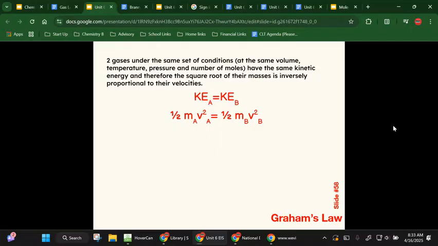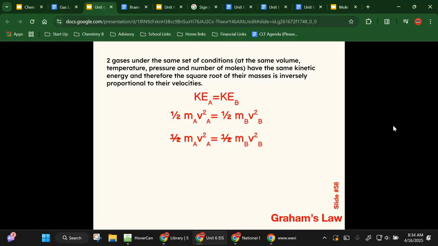So, first thing I would do with this equation is get rid of the 1/2. Why? Do the same thing to both sides. So I cross out the 1/2. The mass of A times the velocity squared of A is equal to the mass of B times the velocity squared of B. Now I want to get like terms on one side. I want my masses on one side and my velocities on the other.